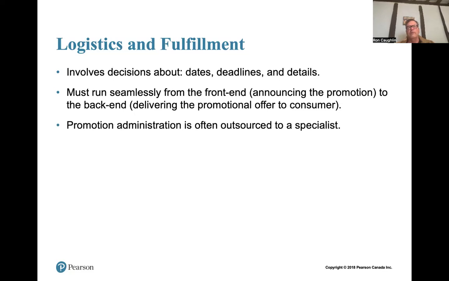So promotional administration is often outsourced because it's so complicated sometimes, from big promotions with outside agencies. For example, the Monopoly promotion at McDonald's is outsourced by a separate promotional agency. It was Simon Marketing, which basically distributed all prizing for that promotion.